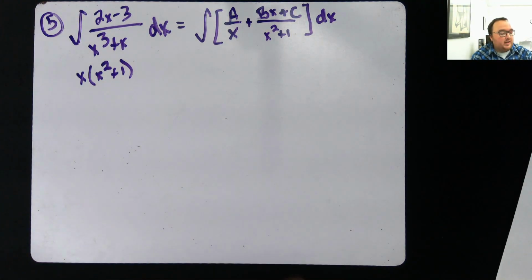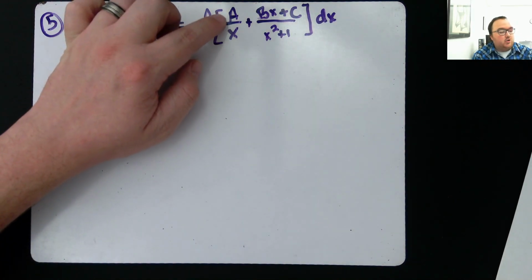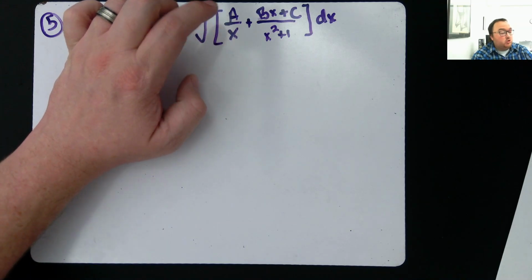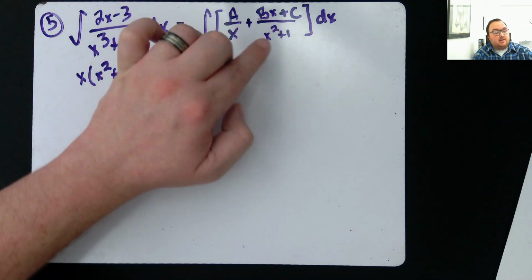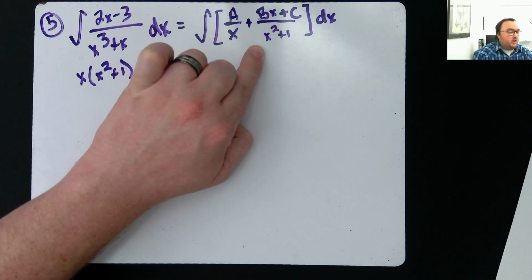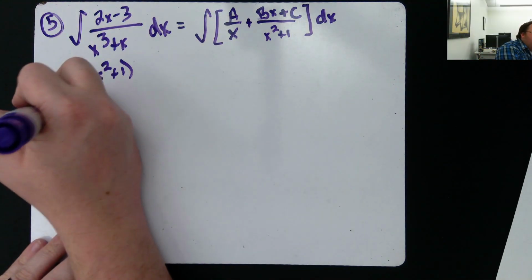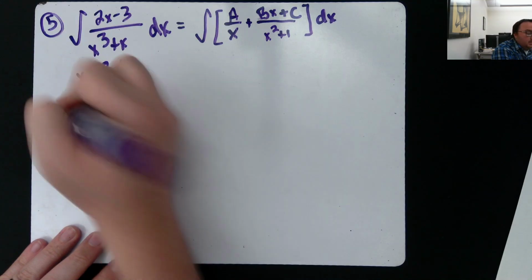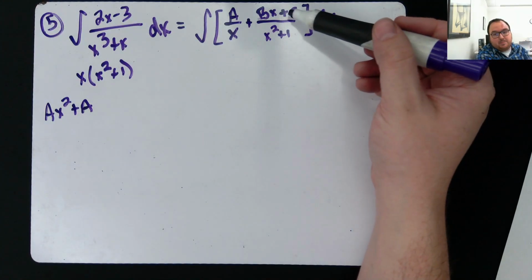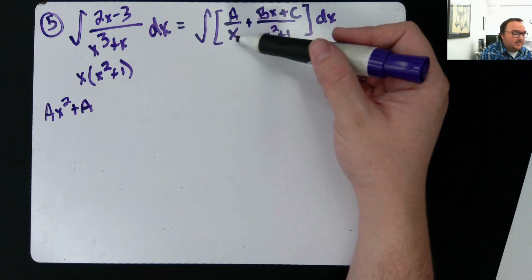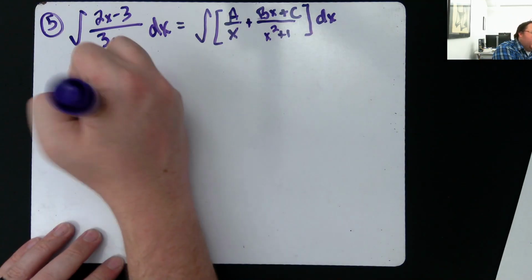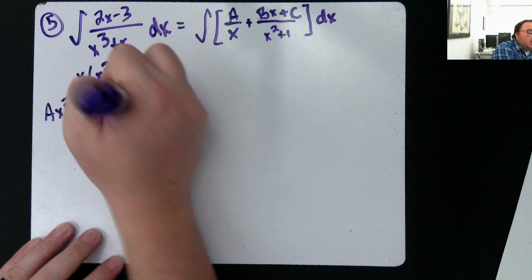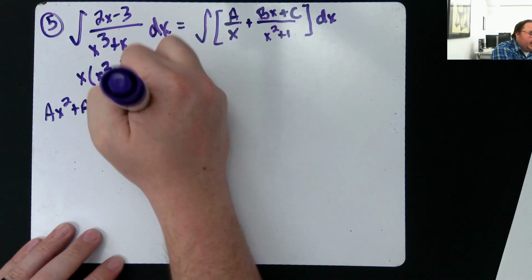In order for these to match, I would need to do a times x squared plus 1. A times x squared is ax squared. A times 1 is a. Same thing, I need bx plus c times the x. Bx times x is bx squared. And c times x is cx.